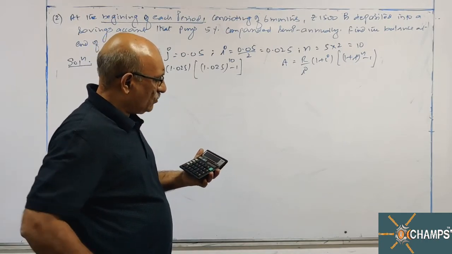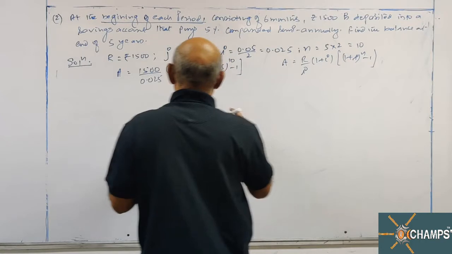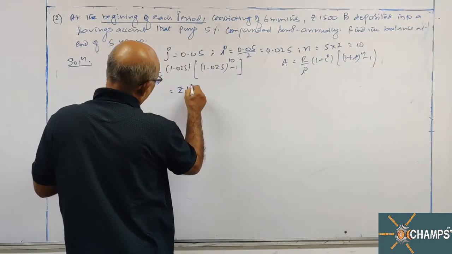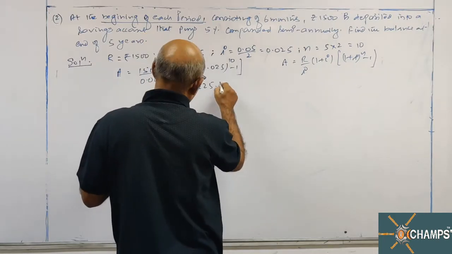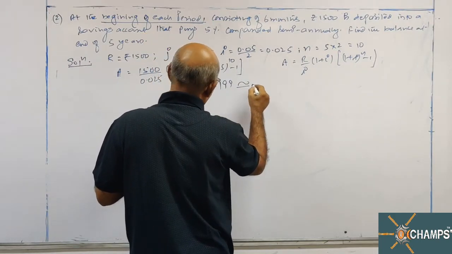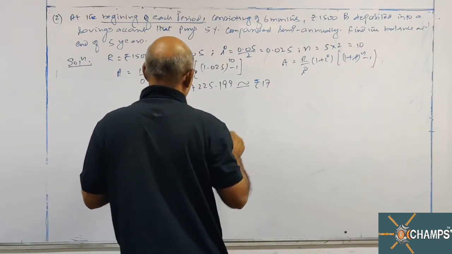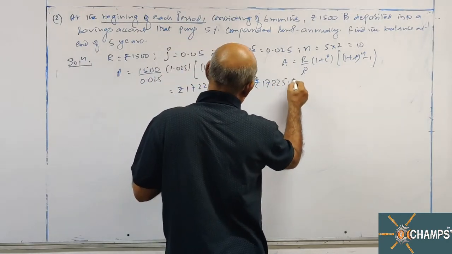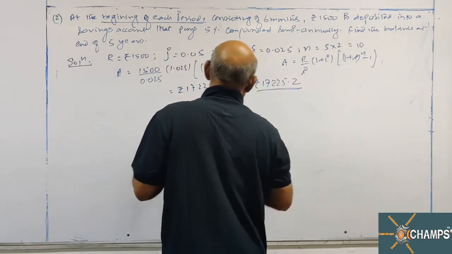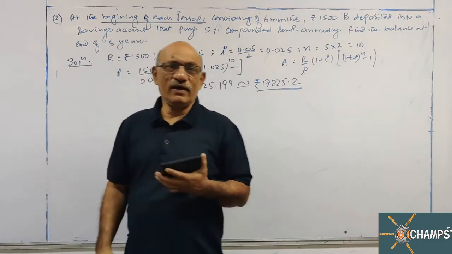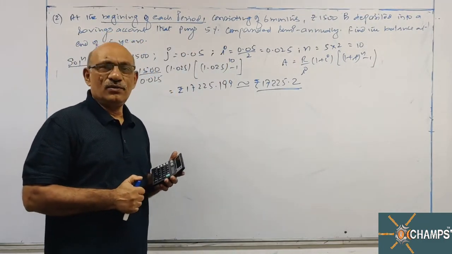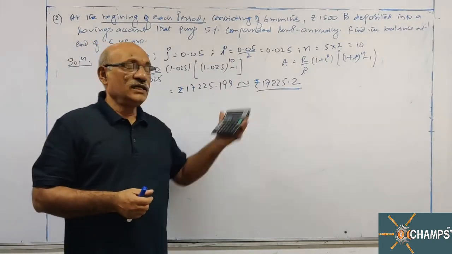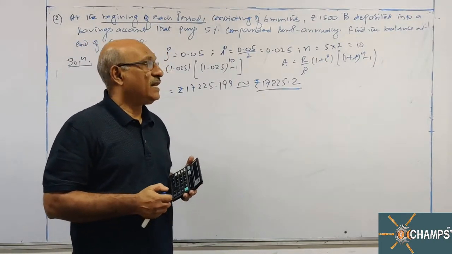This is 17,225.199 rupees. You can approximate this to rupees 17,225.2. That is the answer, the amount you will get at the end of the 5th year.